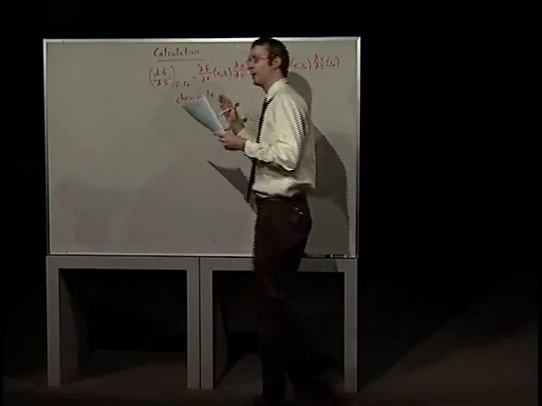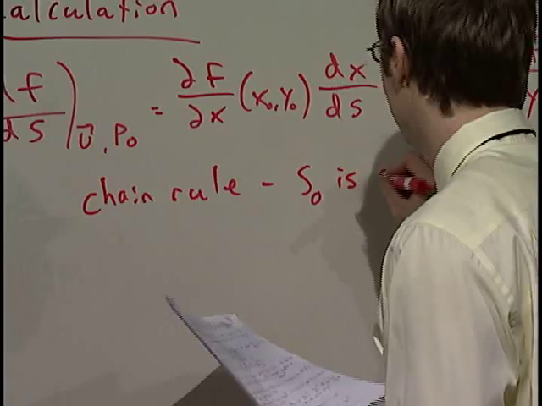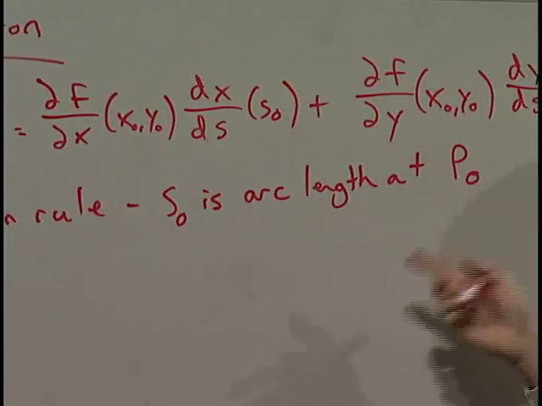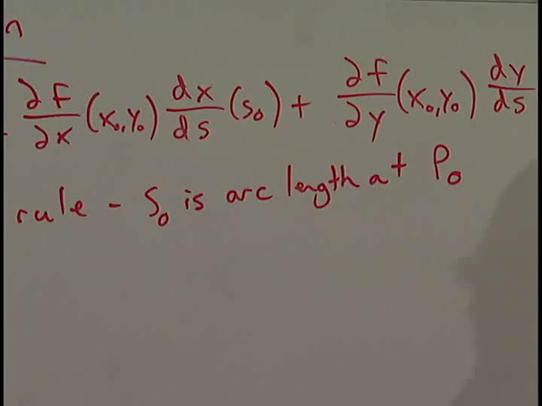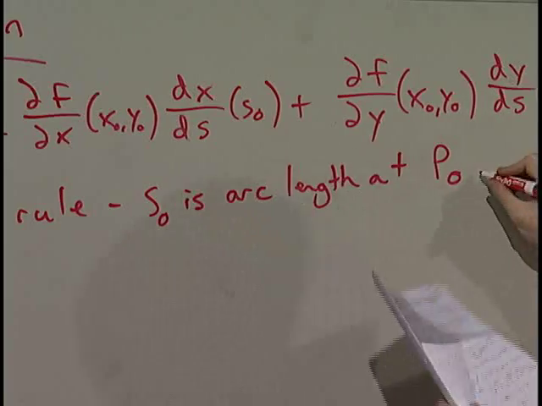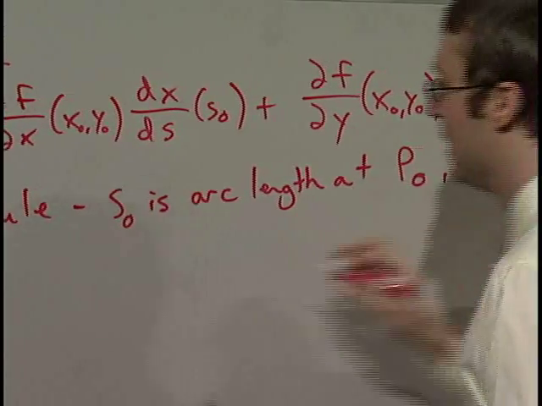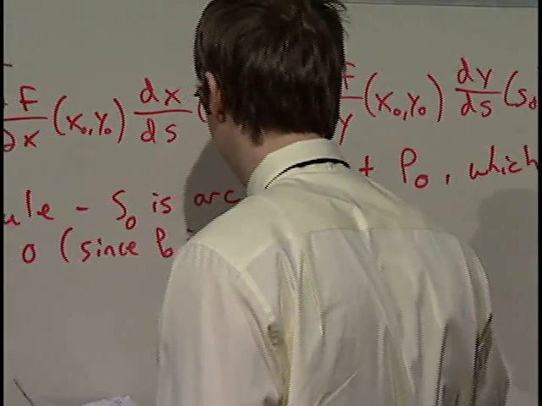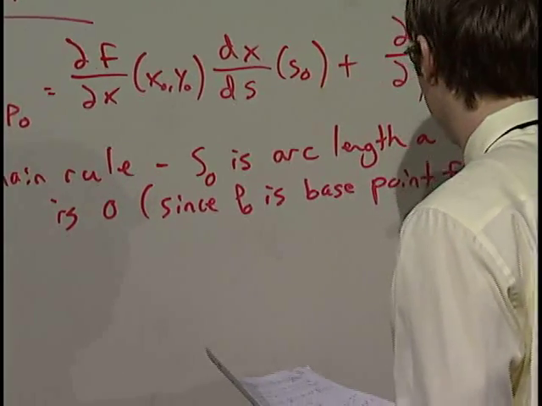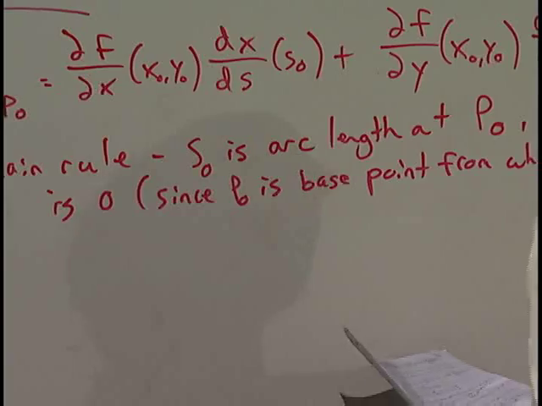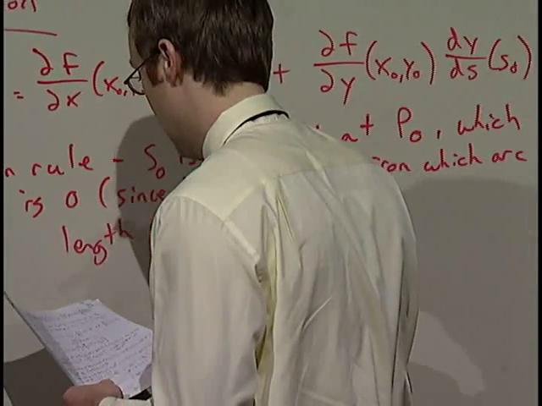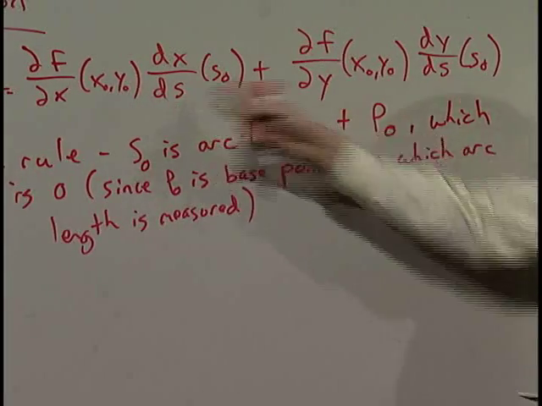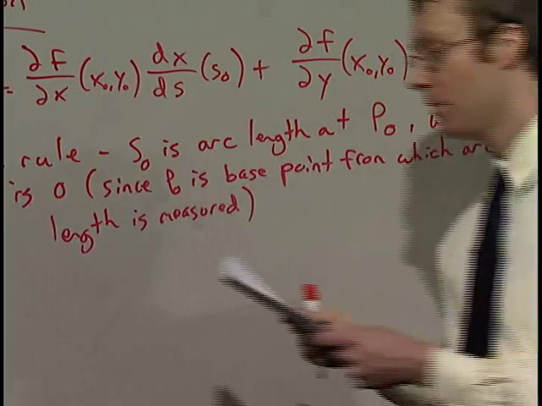And also notice, remember I said this earlier, that s naught is the arc length at P naught, which is 0, since P naught is the base point from which arc length is measured. So really we're just evaluating these terms at 0.